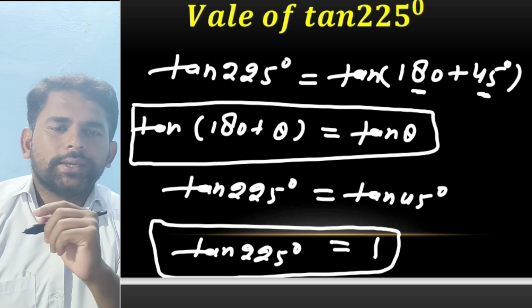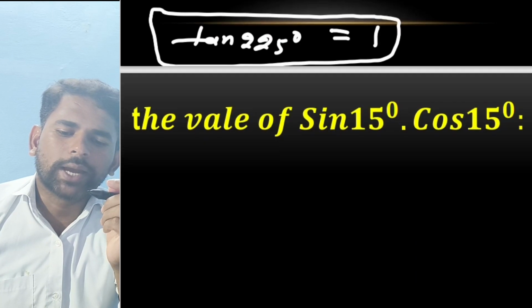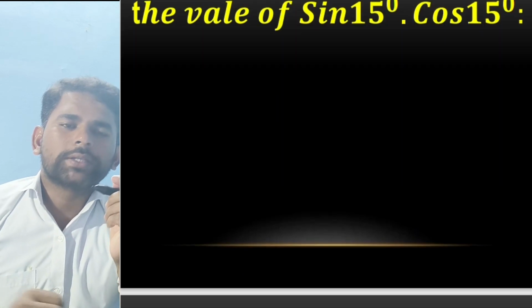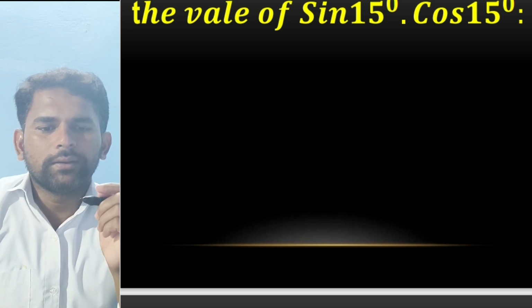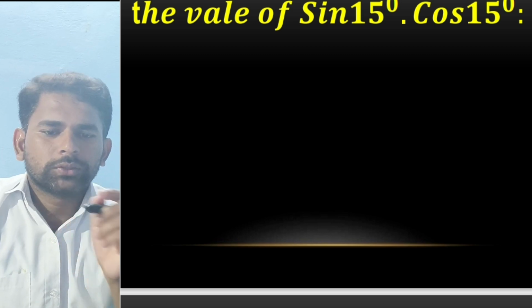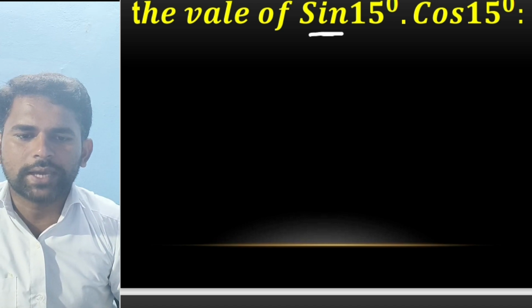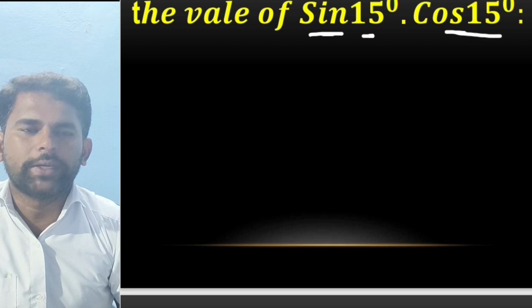Now you can see the next question on the screen. They are asking, what is the value of sine 15 degree into cos 15 degree? You know very well, this question gives sine 15 degree and cos 15 degree.